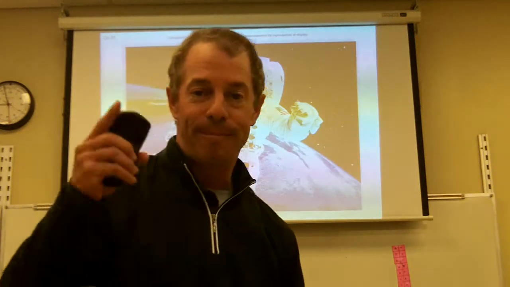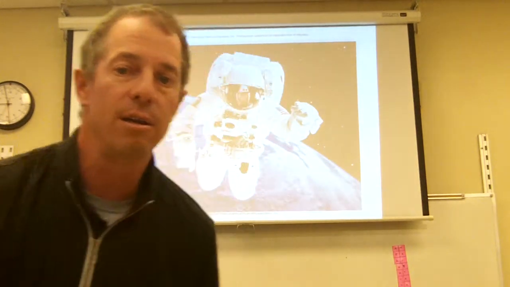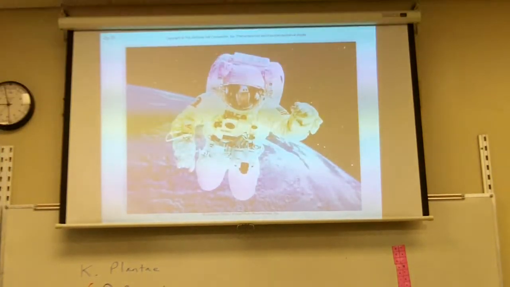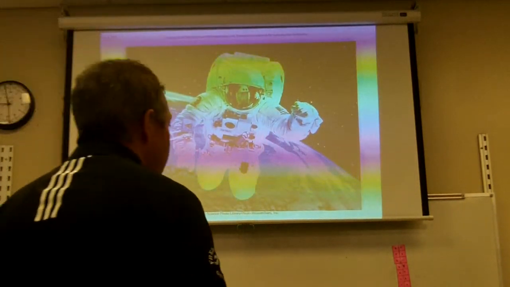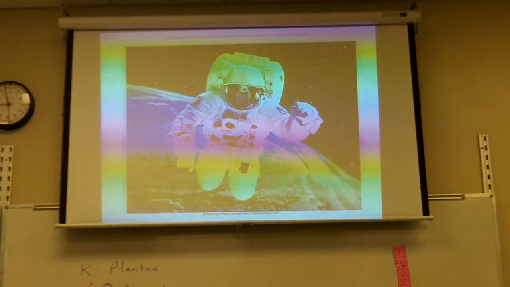Anyway, I'm going to give you a quick overview of Chapter 31. It won't take too long, but feel free to peruse the chapter after I'm done talking. Let me just make sure this thing's aimed right. Yeah, that looks pretty good.